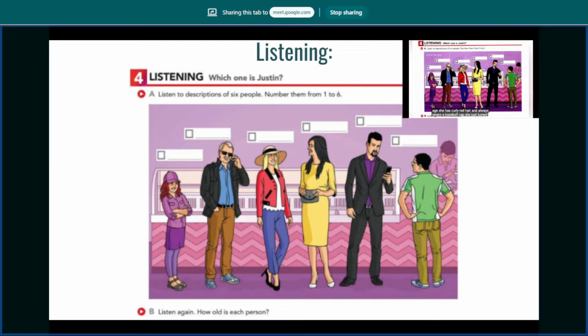She just turned 10. 4, Justin's in his 20s. He's fairly short and wears glasses. His hair isn't very long. 5, Mark is middle-aged. He's going bald and has a mustache.